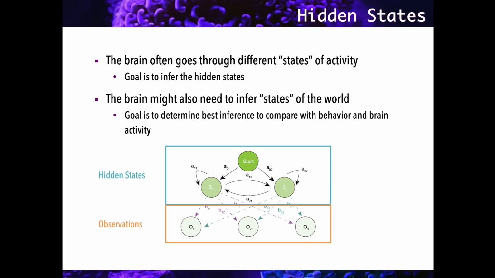What we can usually infer fairly easily from our data is the probability that a specific observation has been created from a specific state, here represented by probabilities B. So what we wish to do is, based on our observations, infer the possible hidden states.